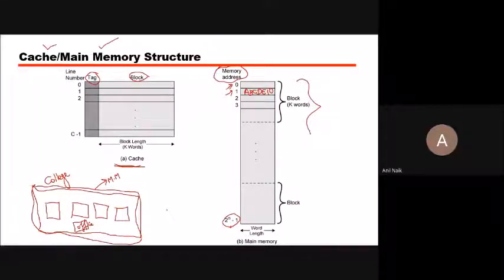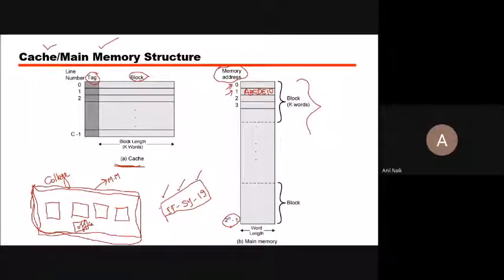Suppose one person is requesting data, like an IT student, second year, roll number 19. This is the data we have to fetch: IT department, second year, roll number 19. If we search in the college, everything will come, departments, office and all, so it will take more time.